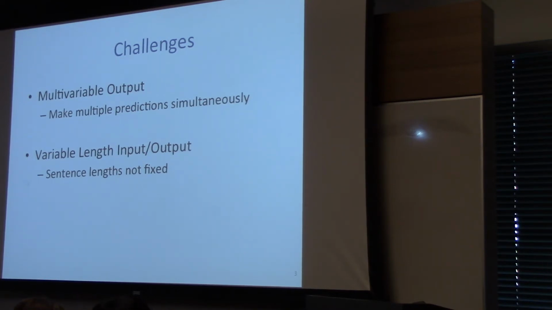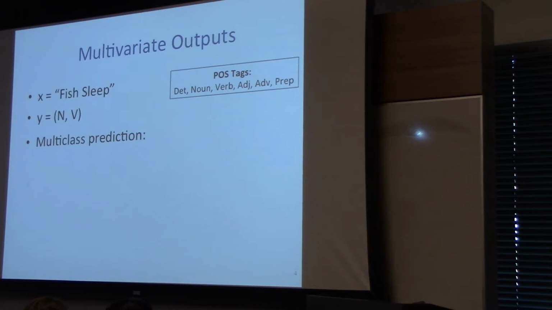It's not simple classification like binary classification or regression. You have to make multiple predictions simultaneously. Furthermore, the length of the output is not fixed. It's a variable length input-output. The length of your output sequence depends on the length of your input sequence. So you need a model that can somehow scale its output to the length of the input.